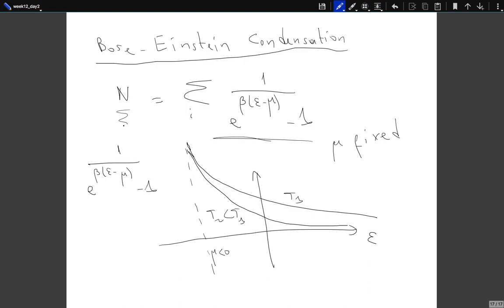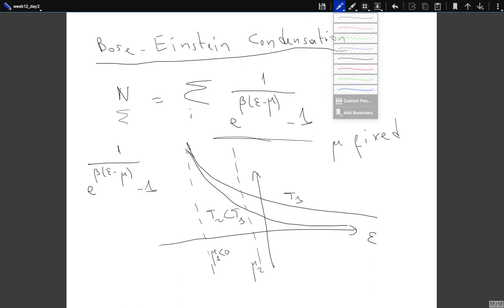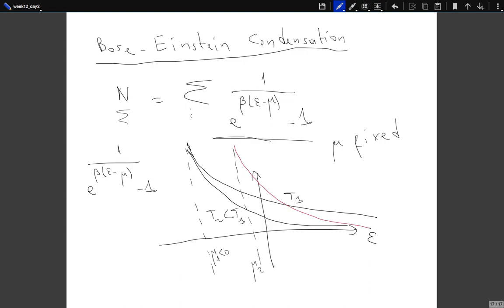As I lower the temperature, if I increase mu, let's say this is mu1 and mu2 is somewhere over here, the corresponding occupation number will start from somewhere above, and then it will decay exponentially. The exponential decay is faster because I'm at a lower temperature. For large epsilon, mu will not be relevant, so it will decay faster exponentially.